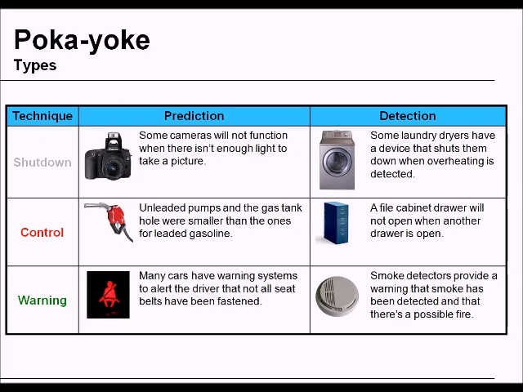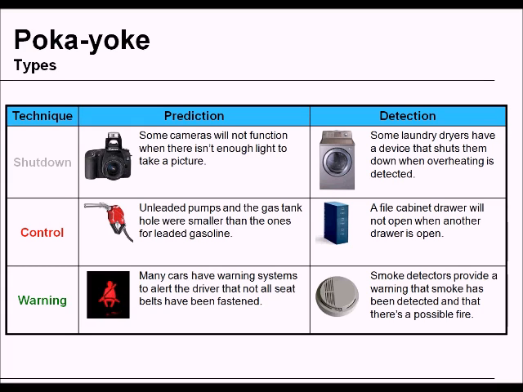Here are some other techniques. Obviously, you have prediction and you have detection. Some things shut down, some things control, some things warn. Cameras will not function when there's not enough light to take a picture. Some laundry dryers have a device that shuts them down whenever they're overheating.